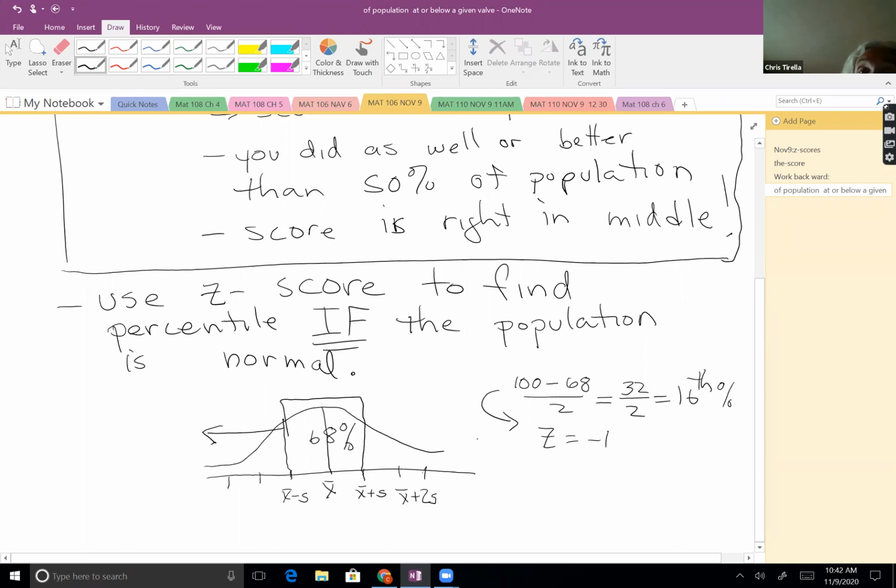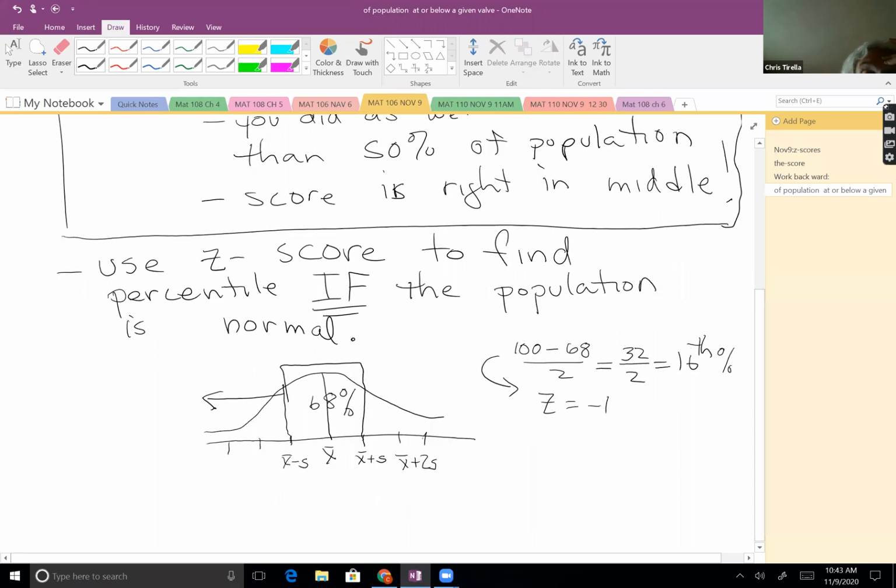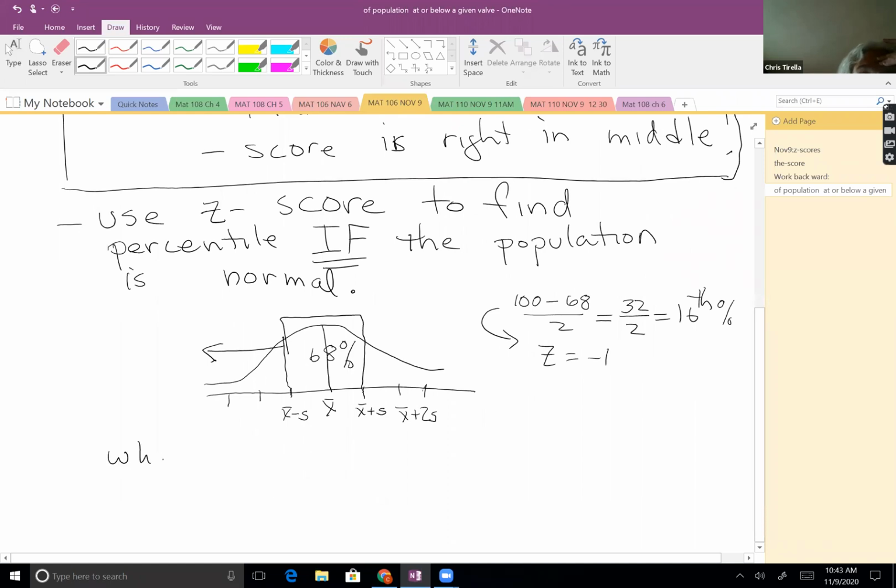And so we could manipulate our 68, 95, 99.7 rule for those whole numbers. But what if the z-score is a fraction? What if the z-score is not a whole number? If the z-score is not a whole number, there's a table for that.